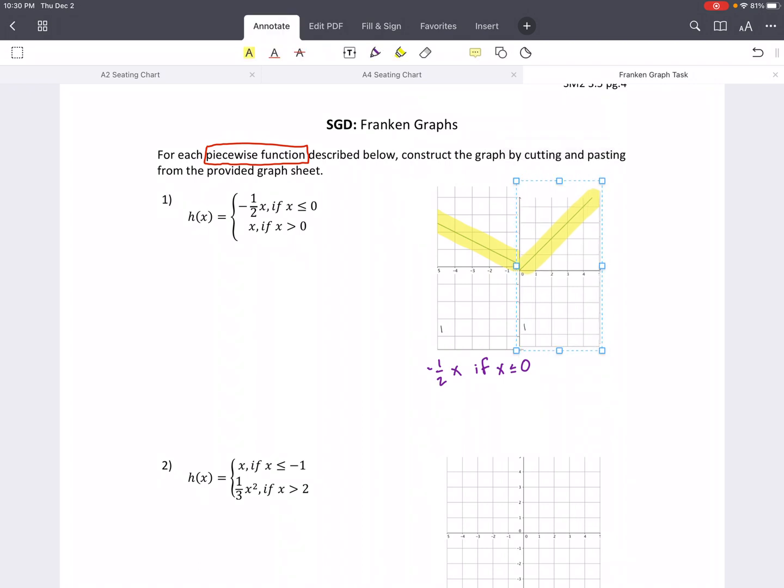And this side is x if x is greater than 0. We chopped it right down the middle and pasted those two on the same graph. And that is what a piecewise function does. It takes pieces and puts them on the same graph.